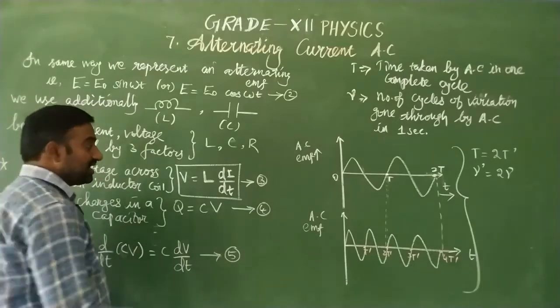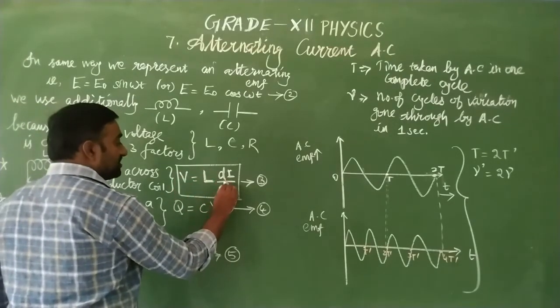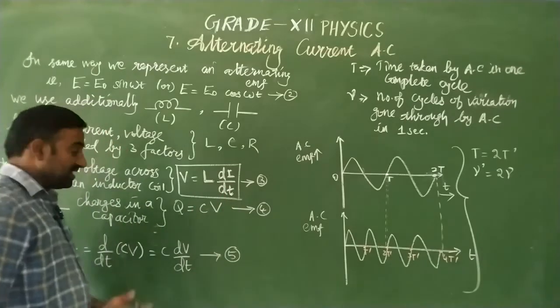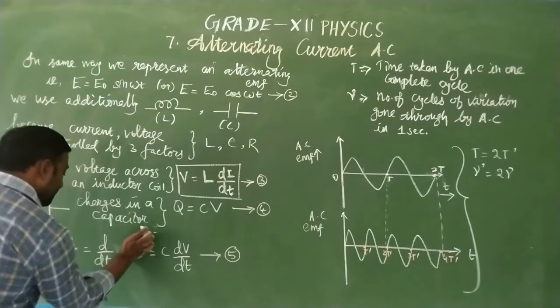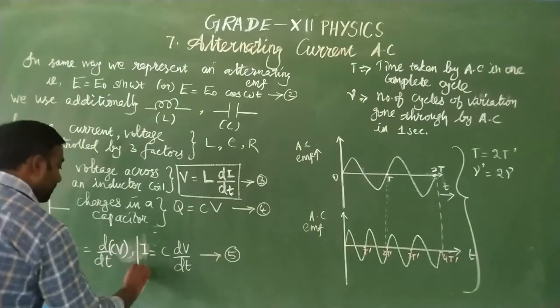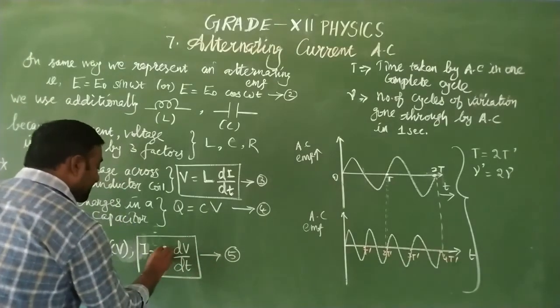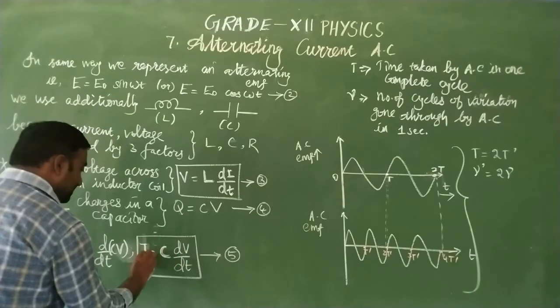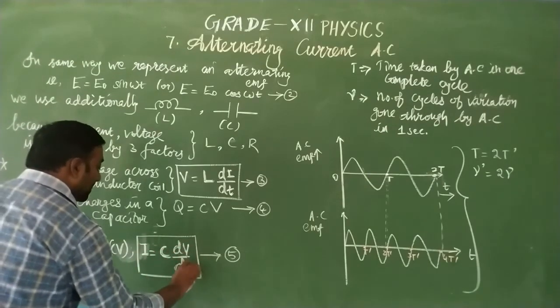I repeat once again, the inductor affects the voltage through the change in current with respect to time. Similarly, in this equation, I is equal to C into dV by dt, the capacitor affects the current through the change in voltage with respect to time.